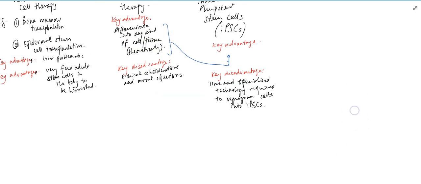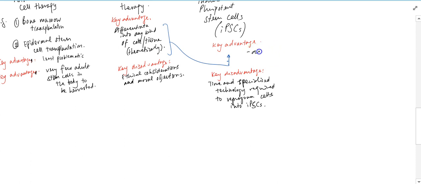For iPSCs, I should add one more key advantage. Usually with induced pluripotent stem cells, you would extract somatic cells from one person, induce them to become pluripotent, and then turn them into whatever tissue is required to restore or regenerate a damaged part of their body.